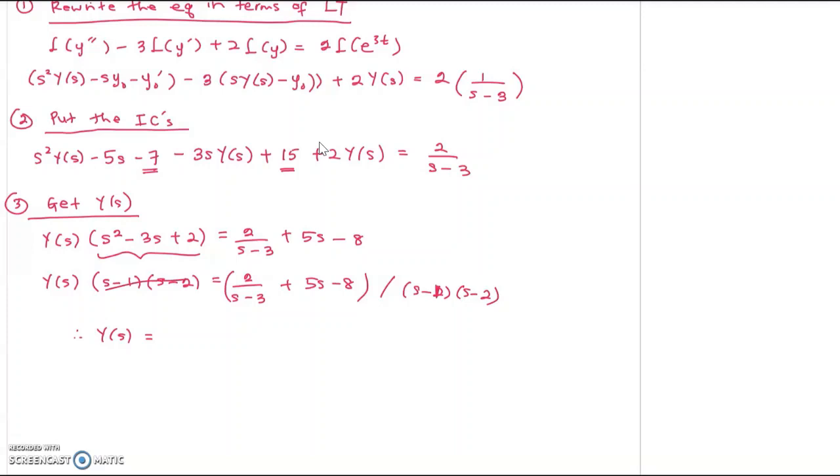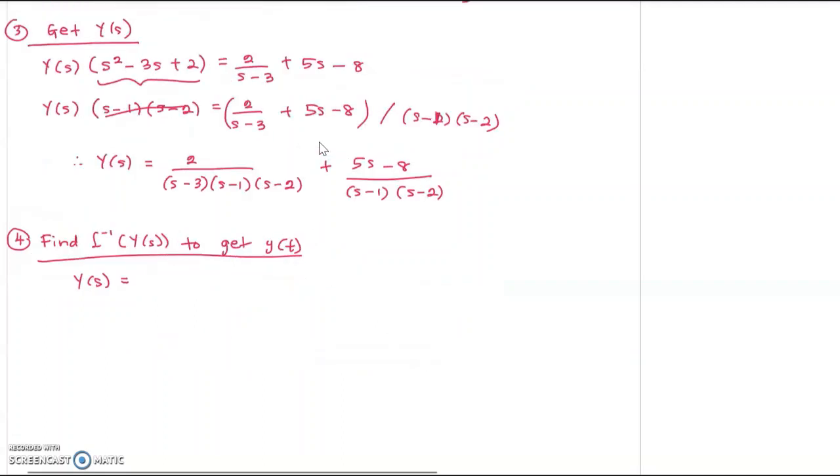So we can cancel out that one, which means that Ys equals 2 over s minus 3, s minus 1, s minus 2 plus 5s minus 8 over s minus 1, s minus 2.